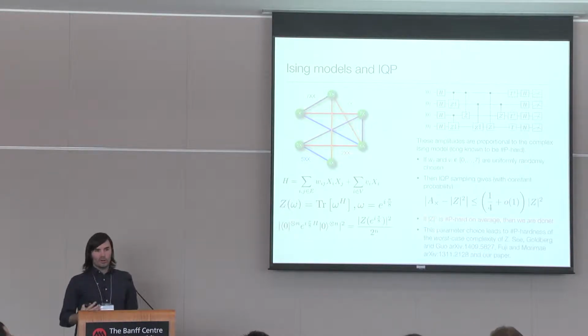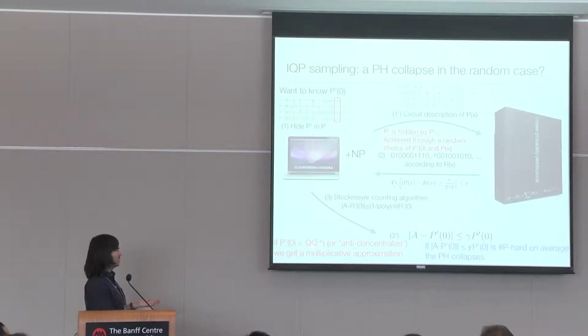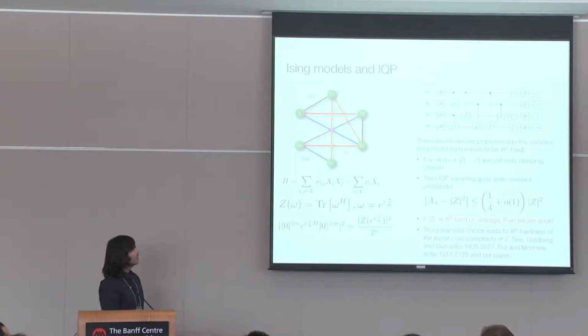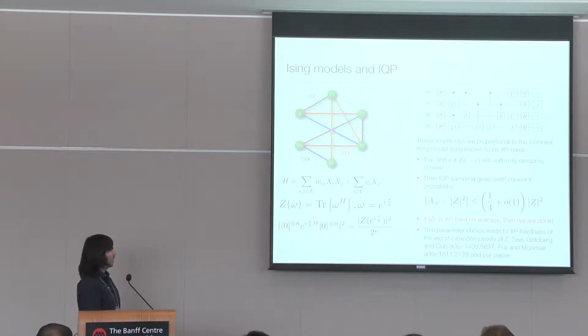Okay, so now we're going back to the original circuits I was talking about at the beginning of the talk. Both these classes of circuits satisfy this anti-concentration condition. If you were to randomly choose from the Ising model, as I said, you can represent the Ising model by a Hamiltonian.